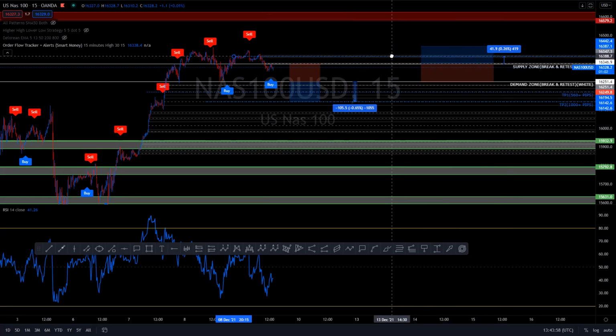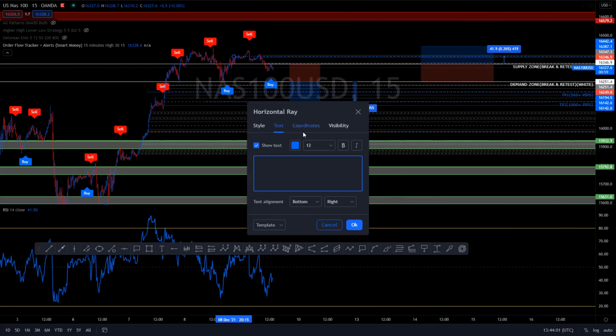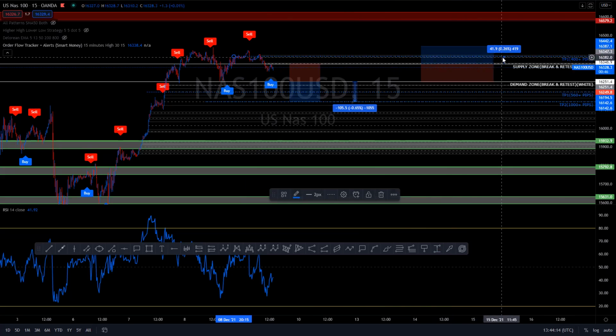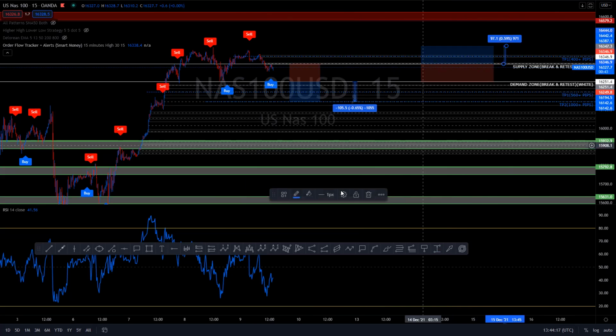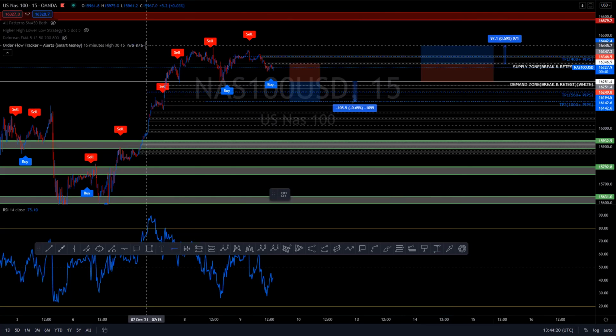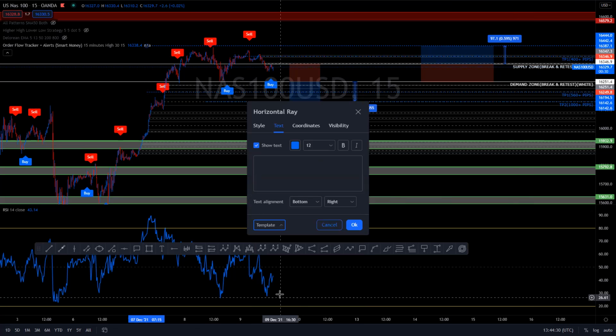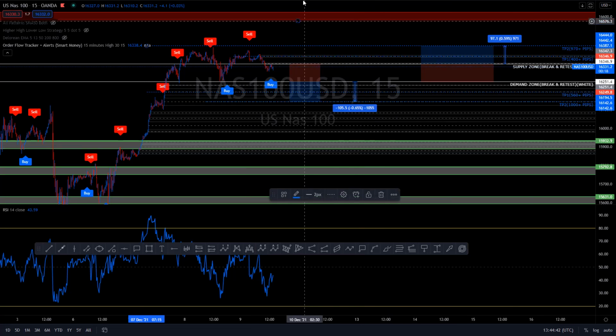I could say this is going to be the first take profit here, say 400 plus pips for TP1, and 970 plus pips for TP2. All right, so now I got my levels set.